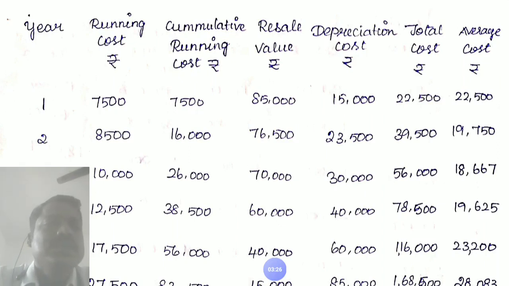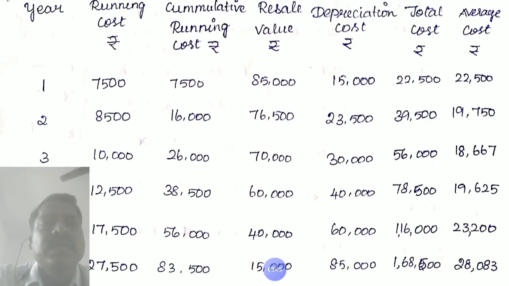Then total cost, total running cost and average cost. Average running cost means the total cost divided by the year. First year: 22,500 divided by 1 equals 22,500.